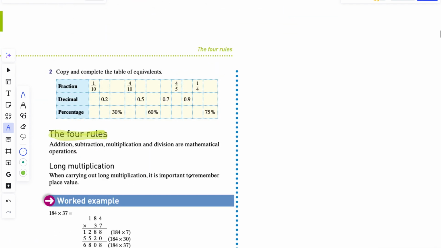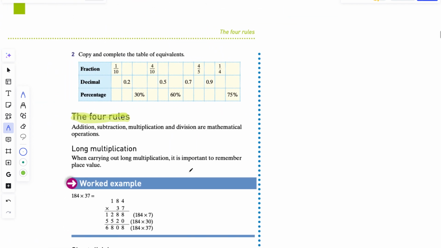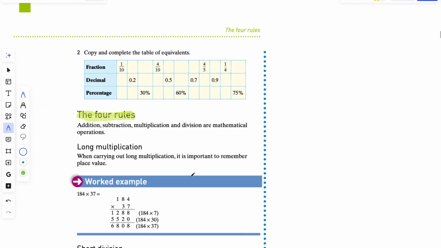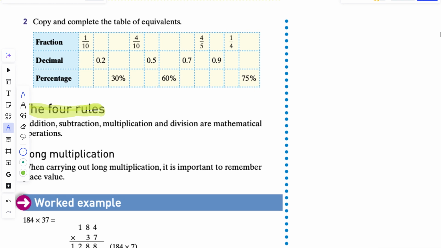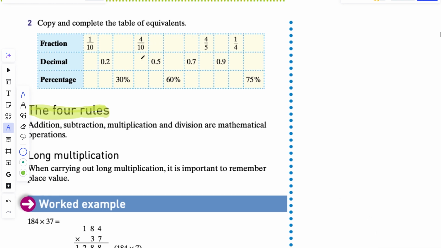Now let's move on. Okay, because for Cambridge, you'll be given some questions. You may be asked to change some fraction to decimal, decimal to fraction, or to percentage. If you are given 1 over 10, they say change it to decimal.